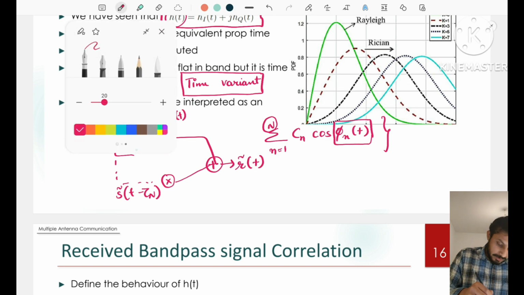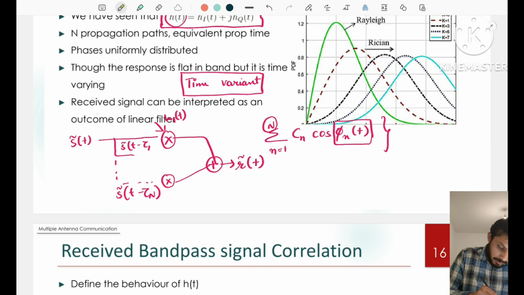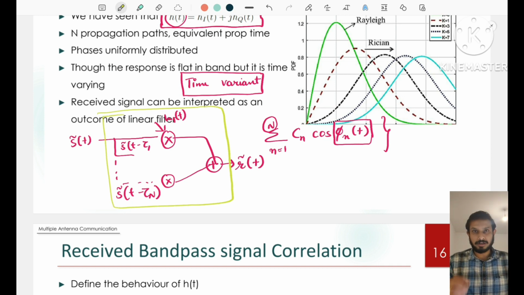So this received signal can be interpreted as the outcome of a linear filter.